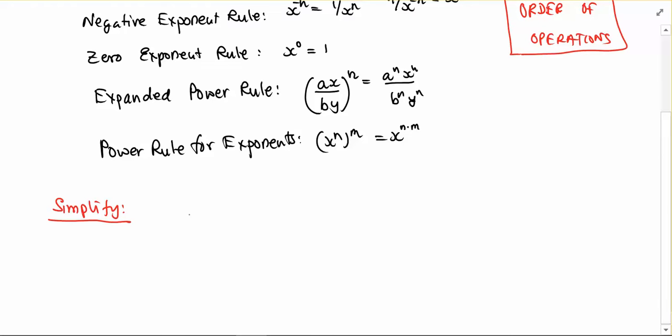And here's the problem. We have 25 a squared, a cubed, b to the 5 divided by 5 a to the 4th b to the 2nd, and all of that to the 3rd power.